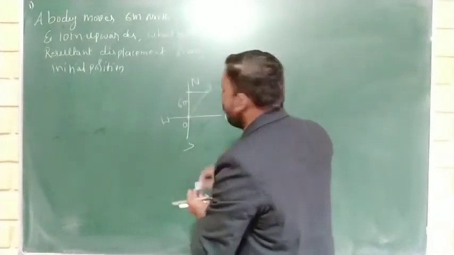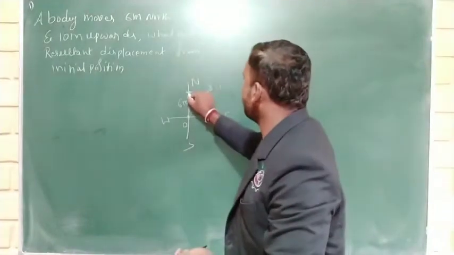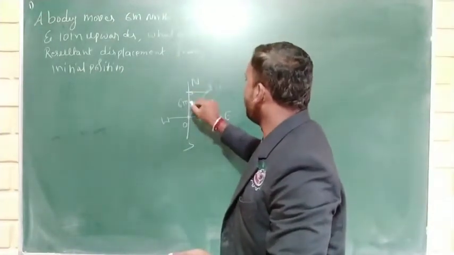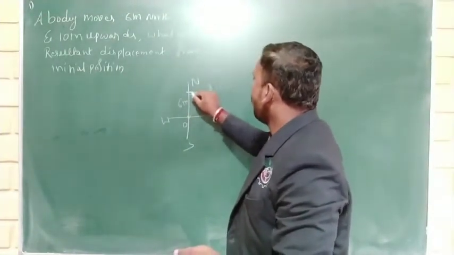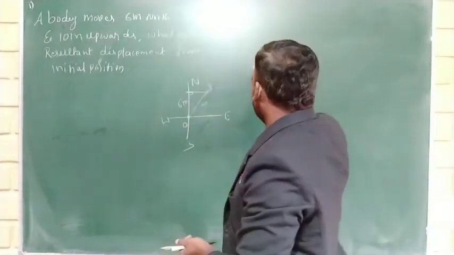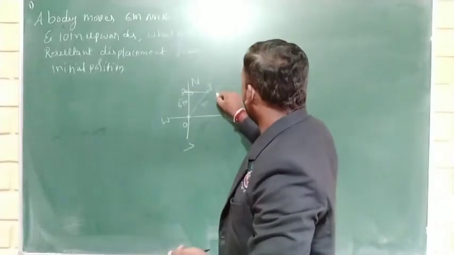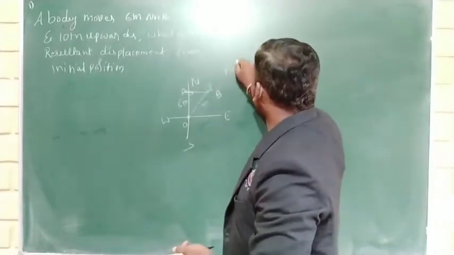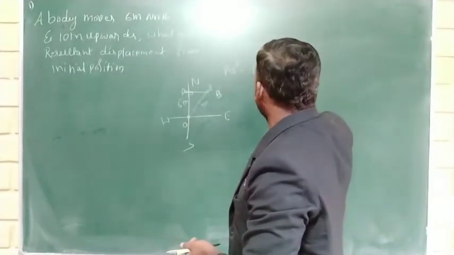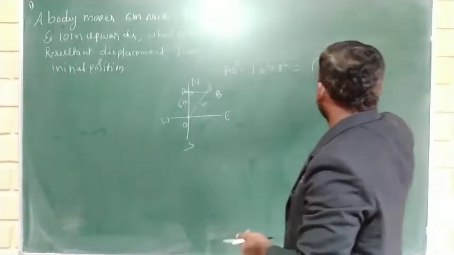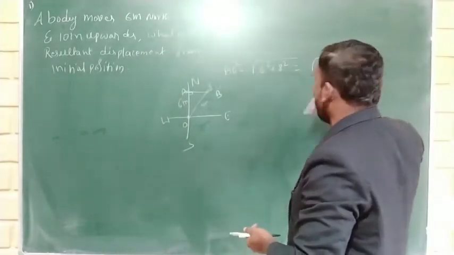Resultant displacement: this is 90 degree. We apply the Pythagoras theorem. In triangle OAB, AB square is equal to 6 square plus 8 square, that is equal to square root of 100, that is equal to 10.